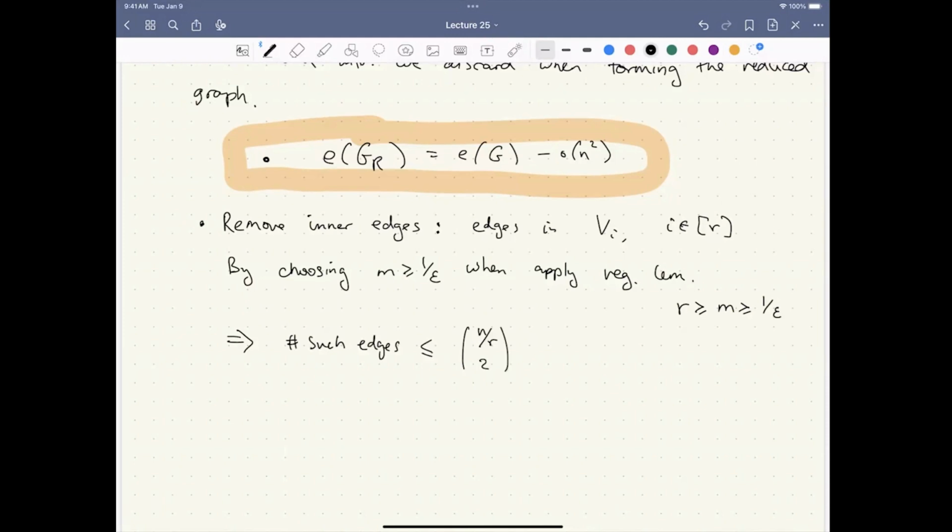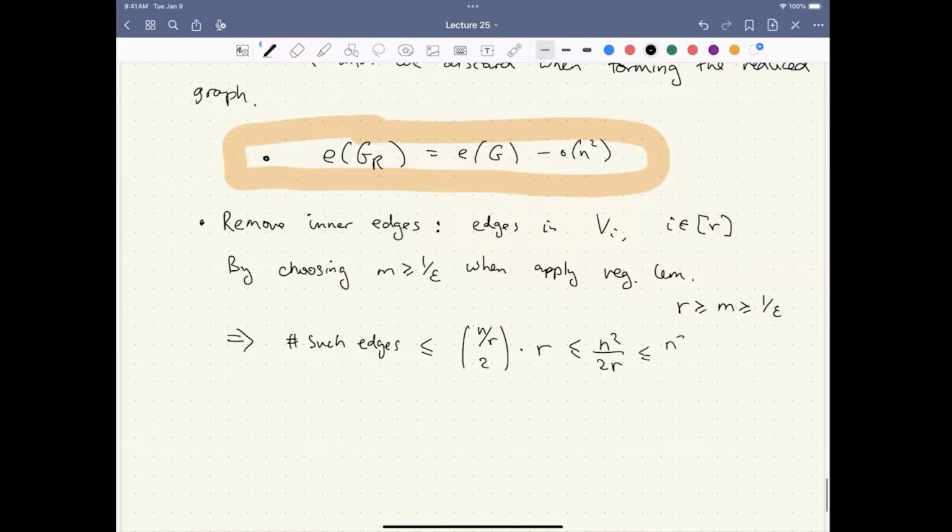The number of edges inside each V_i is at most, in the worst case, everything there, times r parts. So altogether, this is less than n squared over 2r, which is less than n squared over 2m, which is less than 1/2 epsilon n squared.